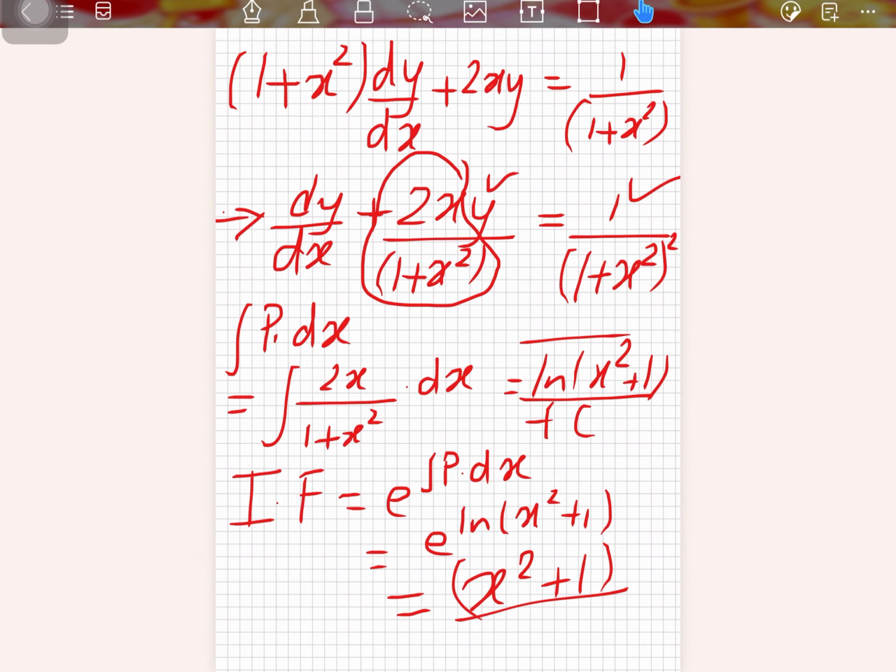So where are we? We've got the integrating factor. Now we just have to multiply the standard form with the integrating factor. This equation that I'm labeling as 1, it does not look like 1, but let's bear with it.